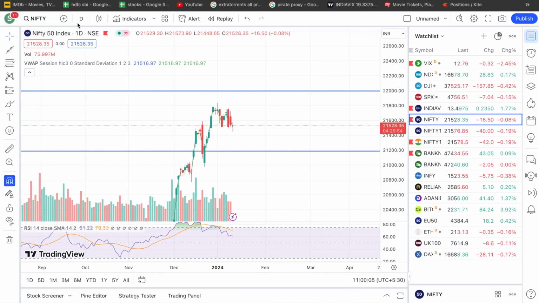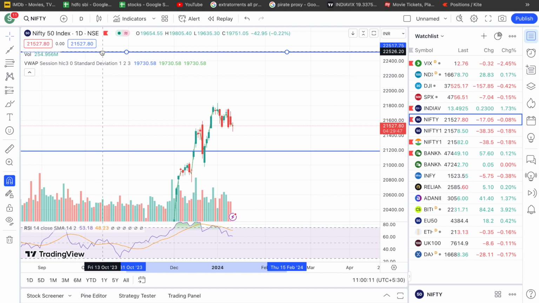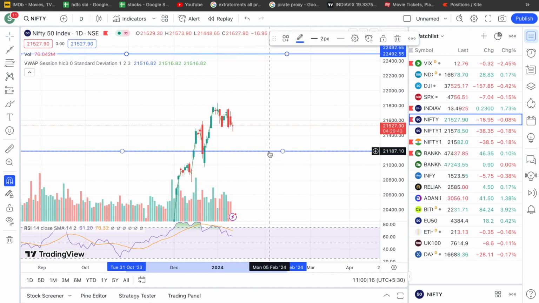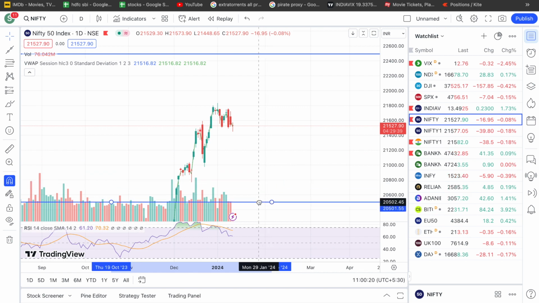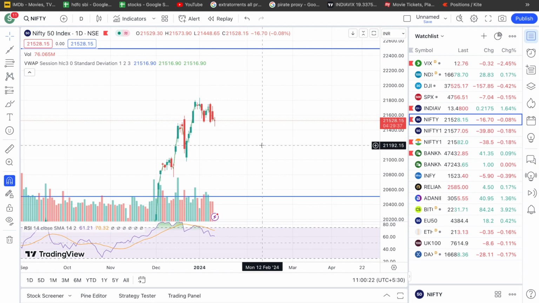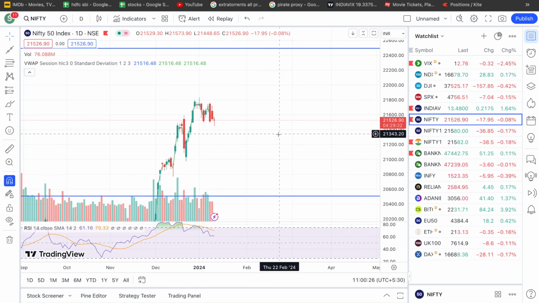Now our new strategy is basically 22,500, somewhere around here, and 20,500, somewhere around here. These are the new break-evens.